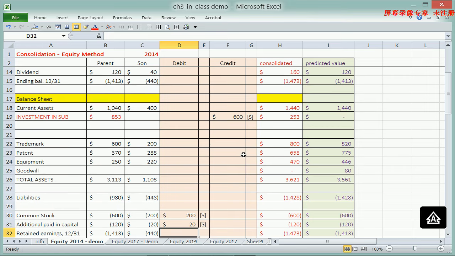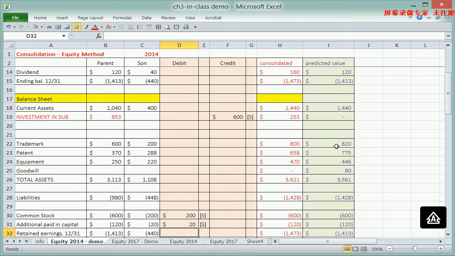The A entry adjusts the individual assets and liabilities to make their book value equal to the fair value, without amortization, up to the date. So for example, trademark, right?